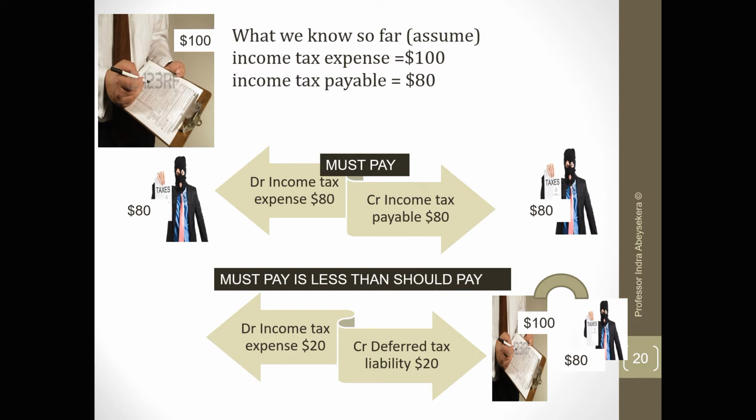Here's another example where what must be paid, or the income tax payable, is 80. So we credit income tax payable 80 and debit income tax expense 80. What must be paid is less than what should be paid. Therefore, we make the second adjustment: we debit income tax expense 20, to increase the value of income tax expense in that account from 80 to 100.